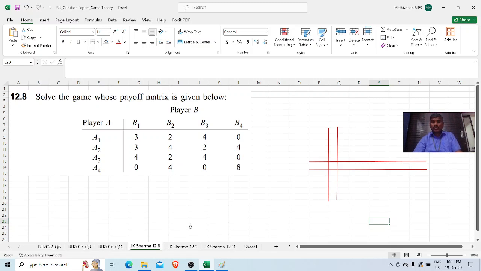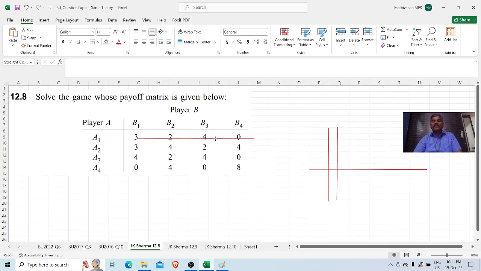We can conclude that strategy A3 dominates strategy A1. Because in three cases, when player B uses strategy B2, B3 and B4, the gain is more or less the same, but when player B uses the strategy B1, the gain is more for strategy A3.